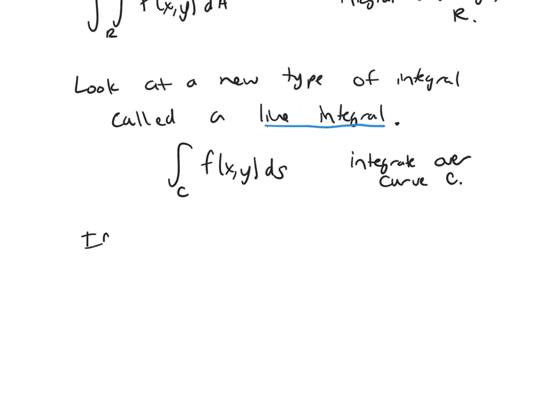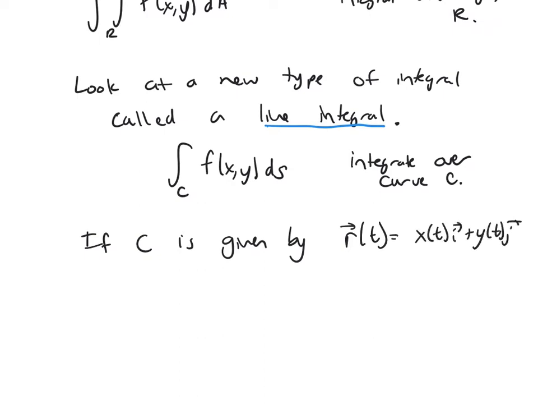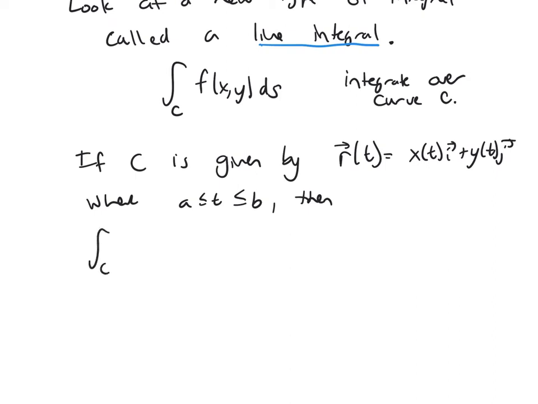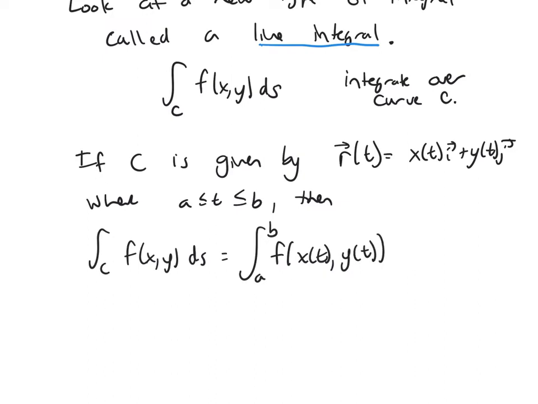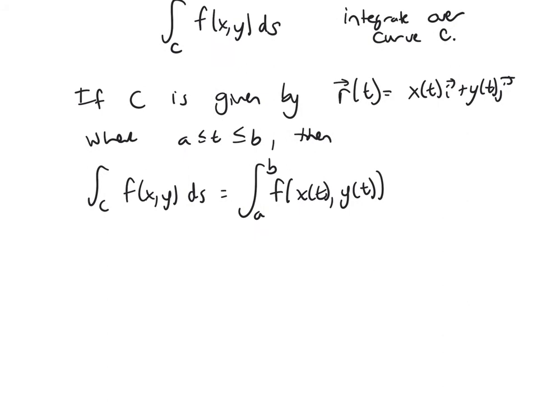So if C is given by x of t i plus y of t j, where t is between a and b, then the way we're going to write and compute this line integral is the integral from a to b, where you replace x by x of t and y by y of t, and then this ds, s corresponds to the arc length, so it's going to be the square root of x prime of t squared plus y prime of t squared dt.